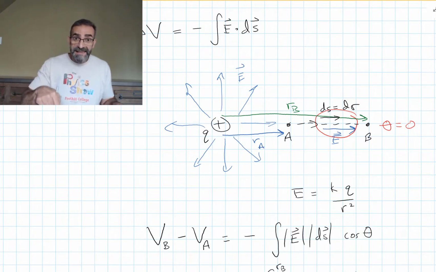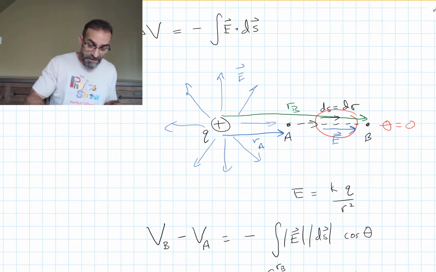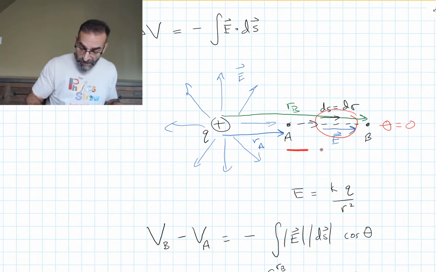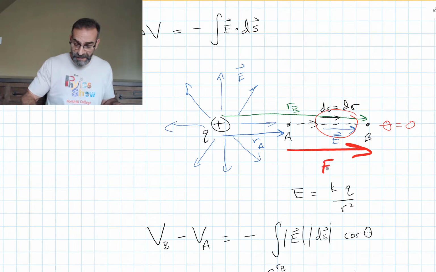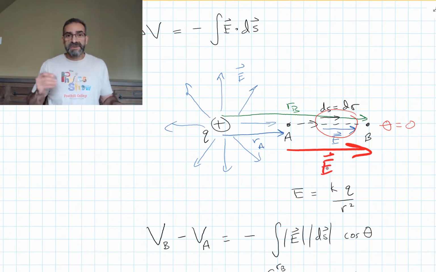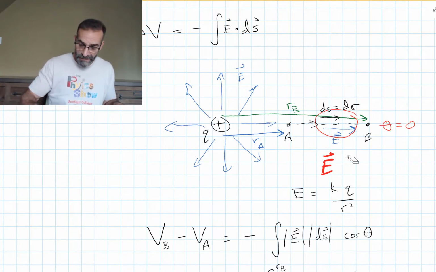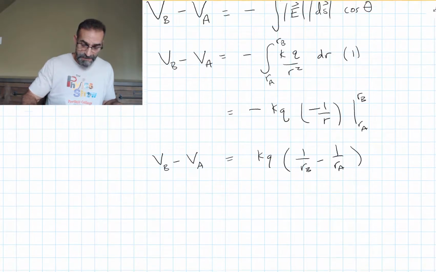It has to be less because my electric field is pointing from A to B. My electric field points in that direction. And the electric field always points toward lower electric potential. So the potential at point B must be less than A.